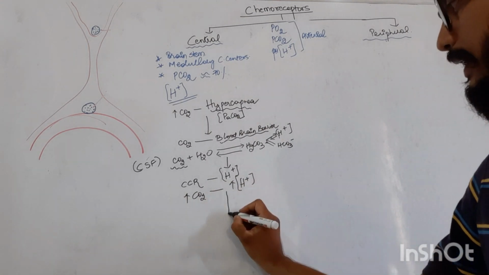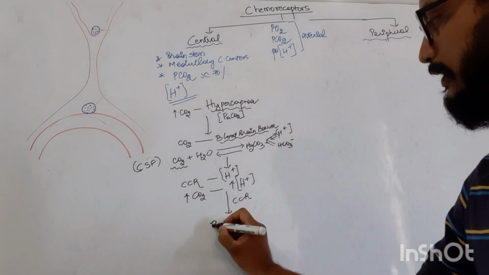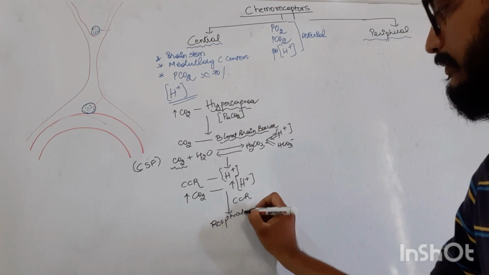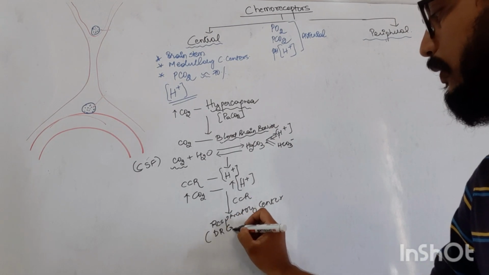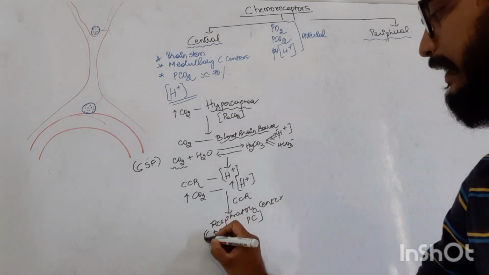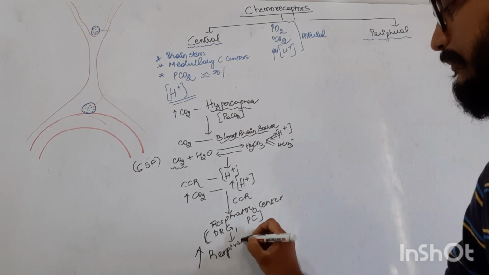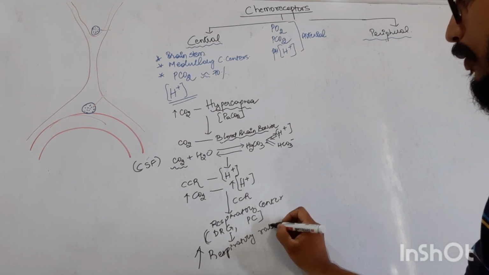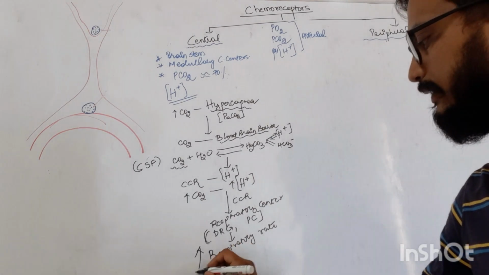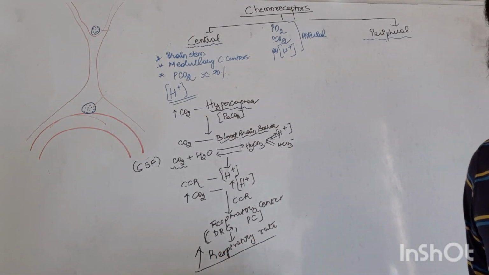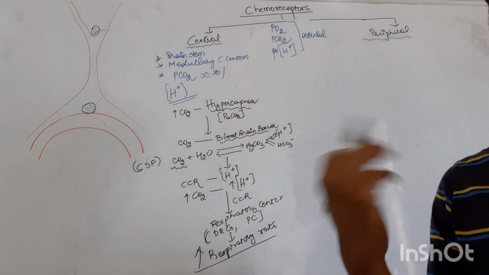This will be detected by the central chemoreceptors, and they will send the signal to the respiratory controlling centers, that is the dorsal respiratory group neurons and the pneumotaxic center, and ultimately the aim is to increase the respiratory rate, or go for hyperventilation, increased inspiration, so that by hyperventilation whatever amount of carbon dioxide is there can be eliminated.